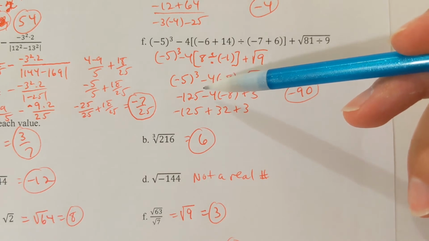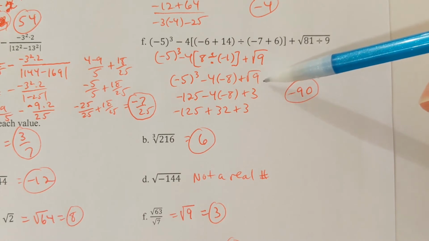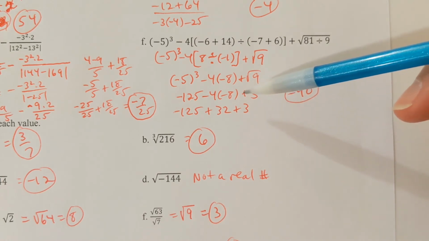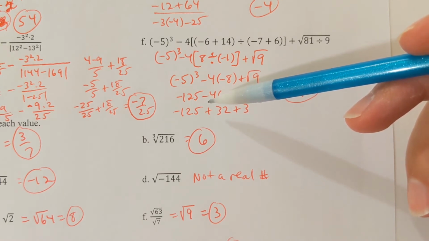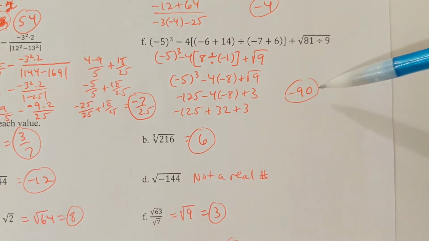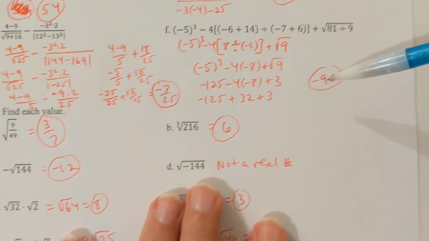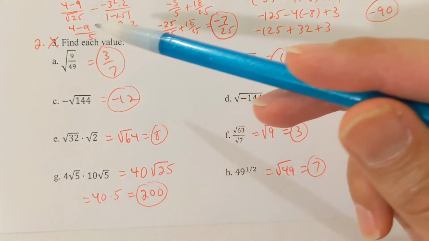Negative 5 cubed, negative 5 times negative 5 times negative 5, is negative 125. The square root of 9 is 3. So negative 125 plus 32 plus 3 gives me negative 90. That is the answer. I made a mistake here.